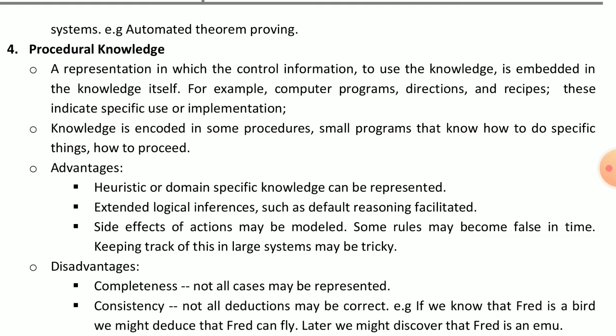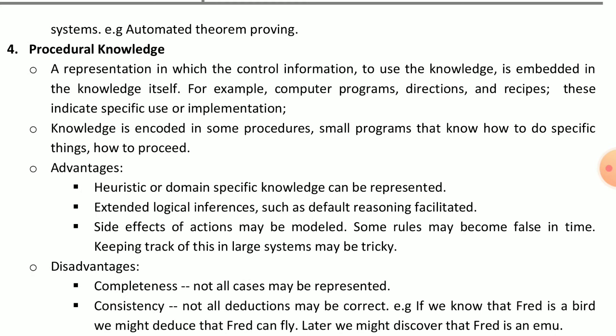The computer programmer is the person, and when the programmer makes the program, he can use logic and then implement that program. So we can say that procedural knowledge is present, and knowledge is encoded into some procedure, and small programs know how to process that data.